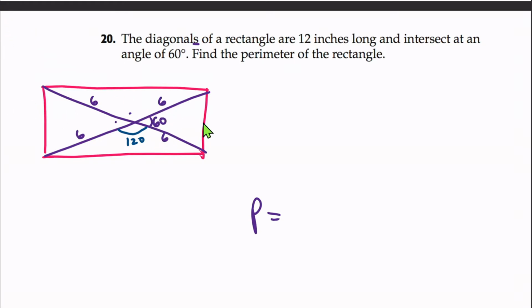So this will also be 6 because if this is 6 and 6, then the triangle is isosceles. So that means that these two angles are the same. Well, if this is 60 and the three angles add to 180, take away the 60, that means these two have to add to 120, so they're each 60. And that means it's equilateral.